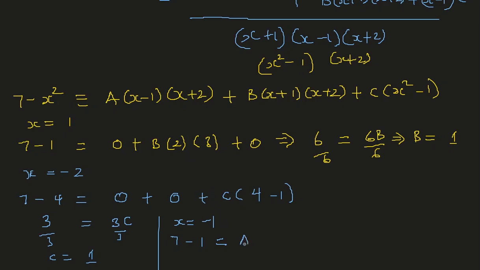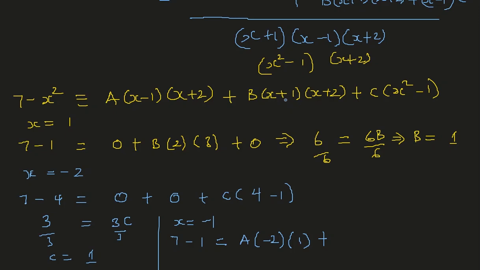This is a into, if this is -1, I end up with a -2 here, into, this will be a 1, -1, plus a 2, then plus.